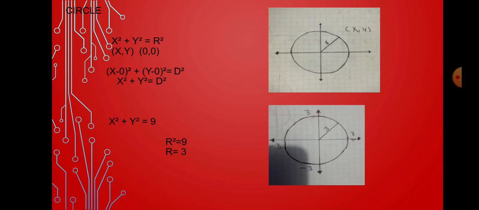So this formula for the distance we have here is nothing more than the Pythagorean theorem expressed with coordinates.